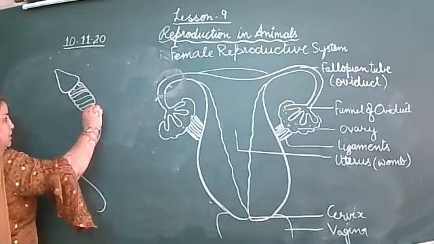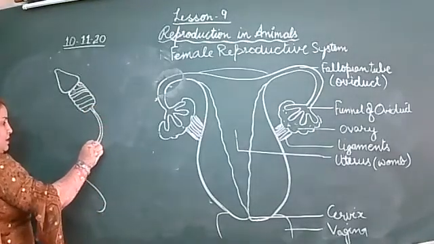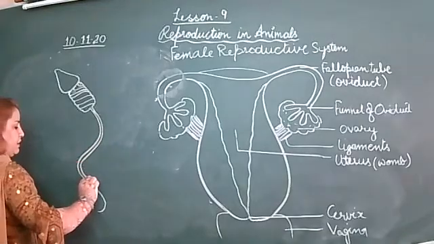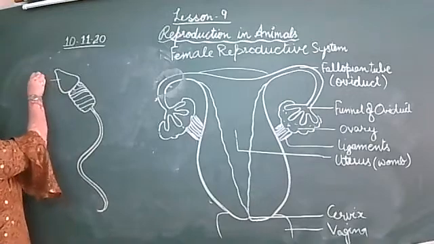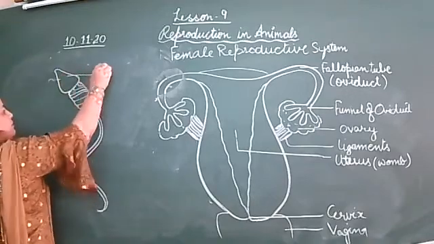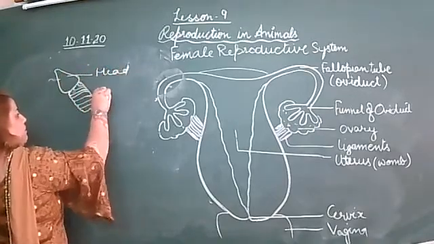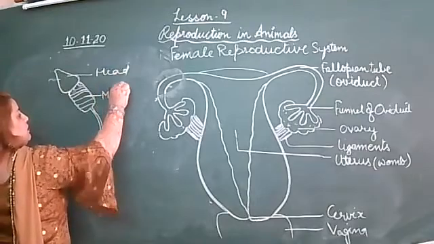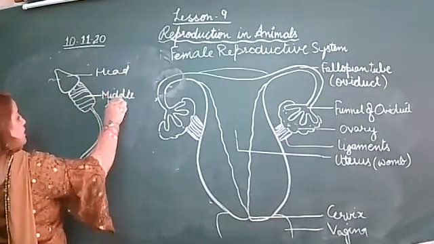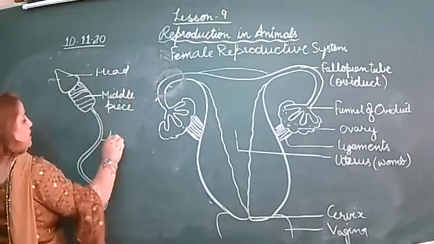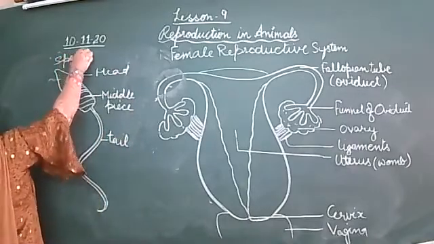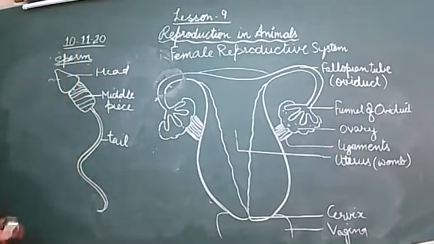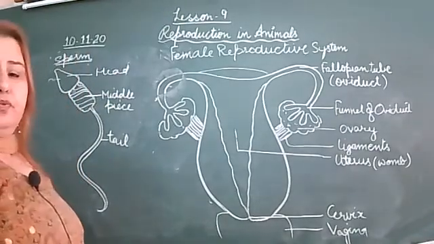Having a tail. Male sperm has three parts: head, middle piece, and tail. This is sperm.